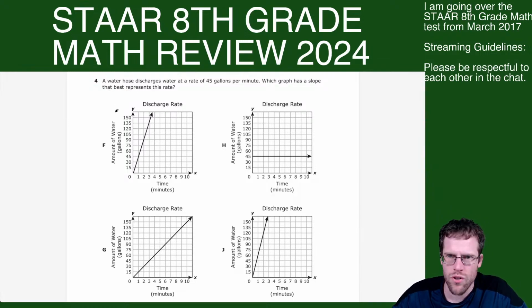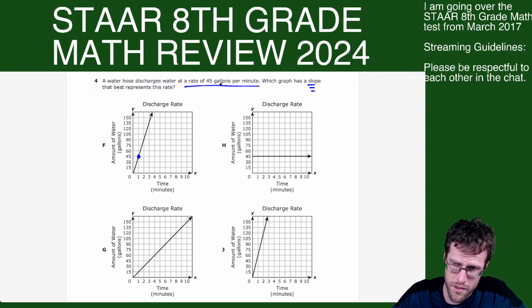All right. So a water hose discharges water at a rate of 45 gallons per minute. Which graph has a slope that best represents this rate? Okay, 45 gallons per minute means every time a minute goes by, 45 gallons are discharged.